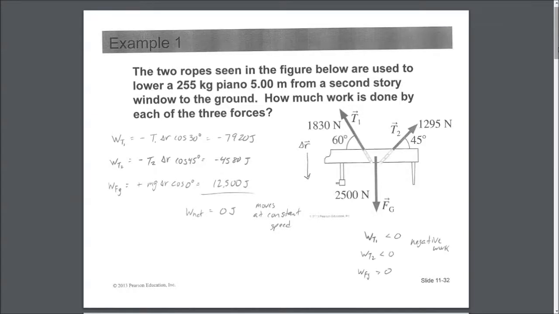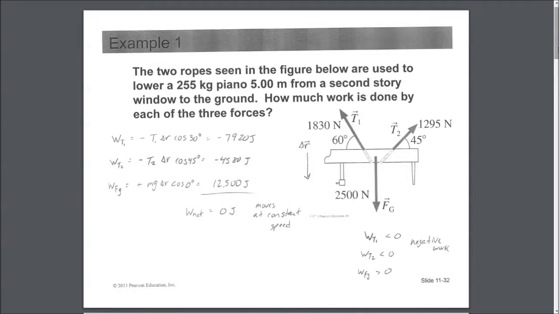Now, these tensions have x and y components. I don't need to consider any of the x components of these tensions because they are perpendicular to the displacement, and automatically those components don't do any work. This is sort of why we have our cosine factor here, because we're only considering the component of force along the direction of motion. So for the work done by tension, I have a negative sign, the tension value, the displacement, and a cosine 30 and a cosine 45.